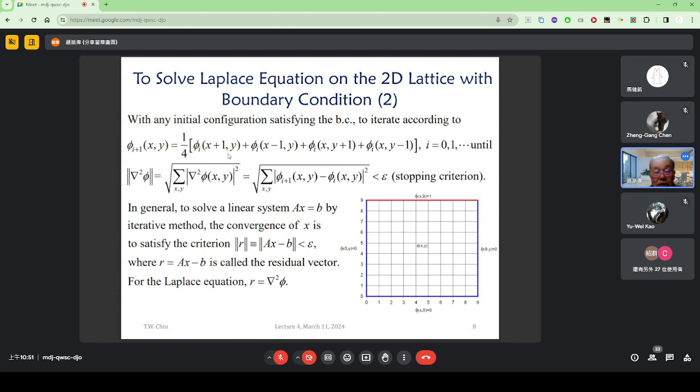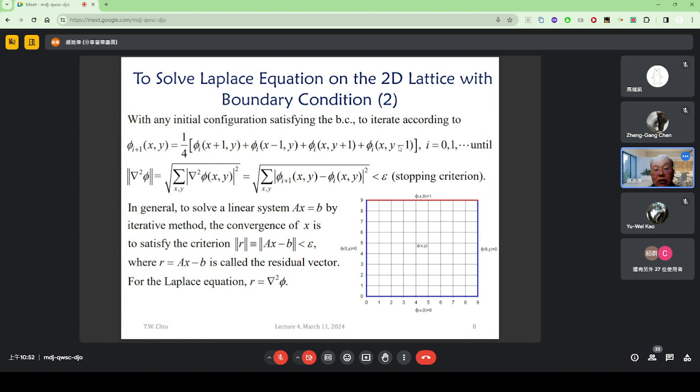So you can always use phi_{i+1} minus phi_i, absolute value squared, and that is the Laplacian phi. If we exactly satisfy this equation, then the Laplacian phi will be 0.